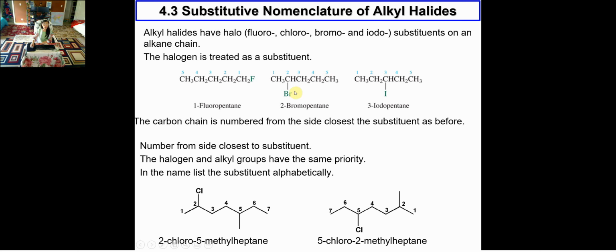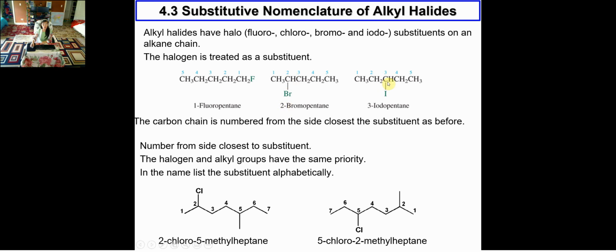The second molecule, you also name it with the longest carbon chain as the parent alkane. And then you totally have 5 different carbons. Your bromo is located in the second carbon. Therefore, you call it 2-bromopentane.